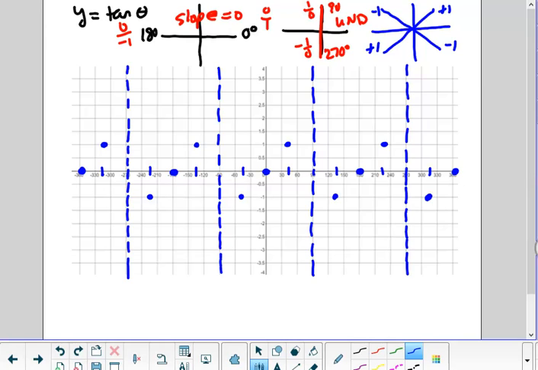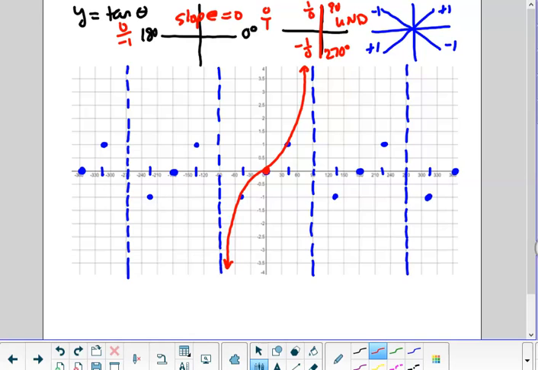Now what does the graph look like? Well, we know that as we get closer and closer to the asymptote, the graph is getting infinitely big. So it curves like this and then runs along the asymptote. On the other side, below the x-axis, it curves like this and runs down along the asymptote. It looks very similar to a cubic graph, except the cubic graph is not contained between asymptotes.